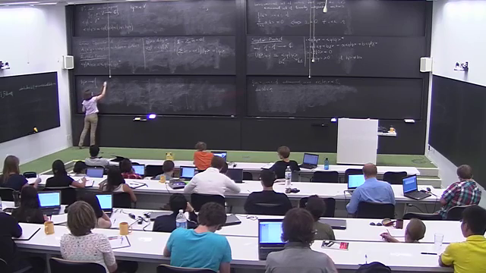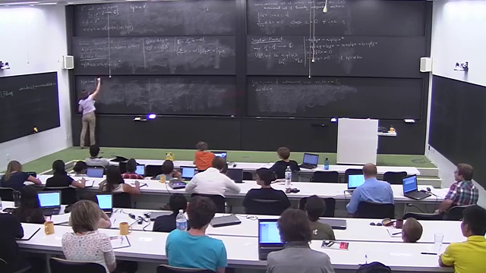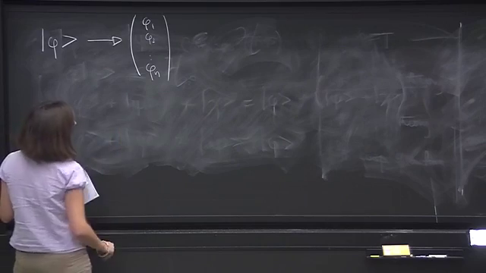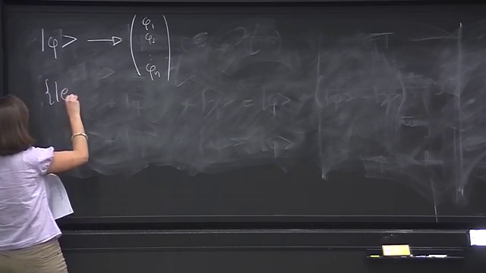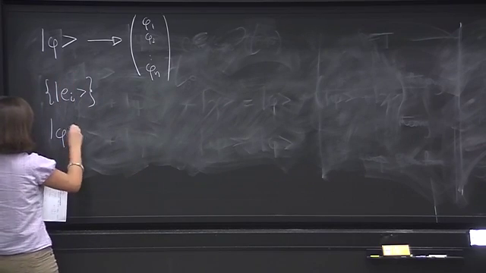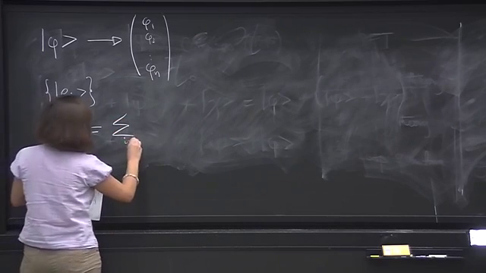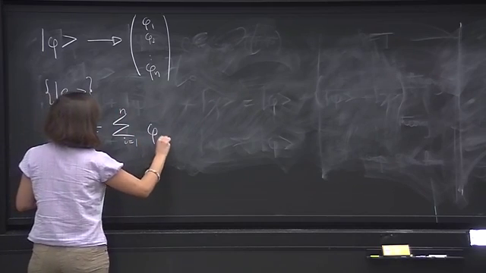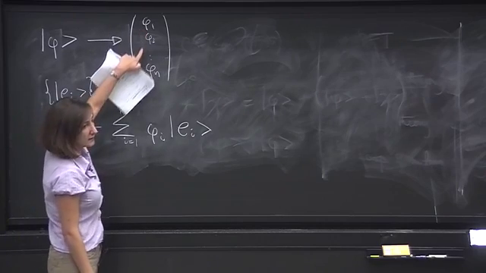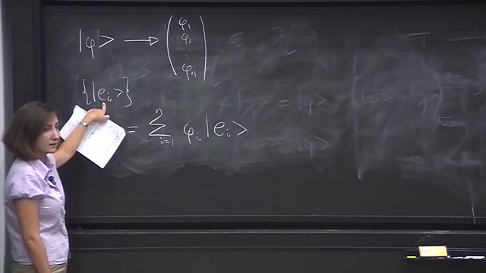We write phi as phi 1, phi 2, up to phi n, if this is a finite dimensional vector space, which means that in a certain basis e_i, this vector is equal to the sum over i of the elements phi_i times the vectors in the basis e_i.